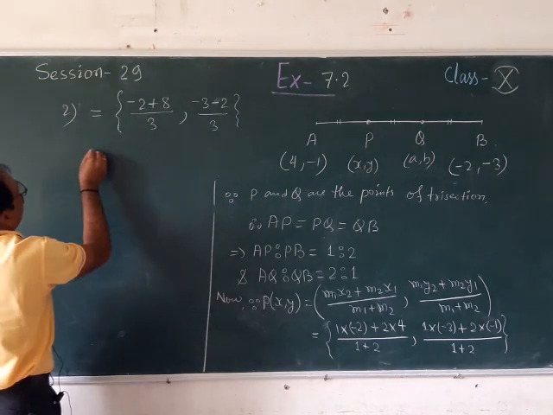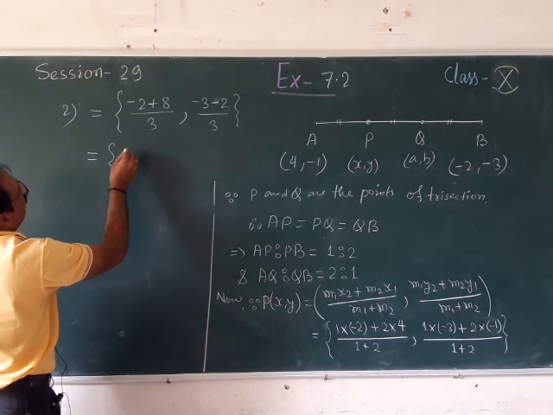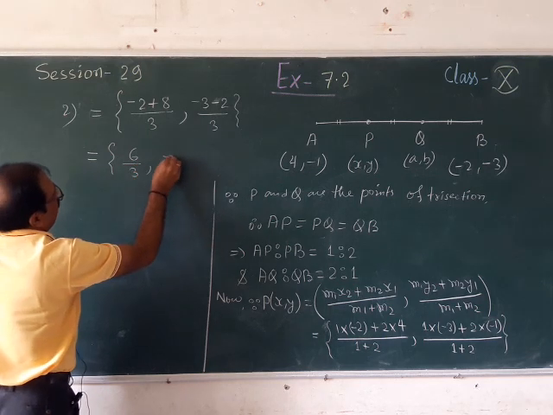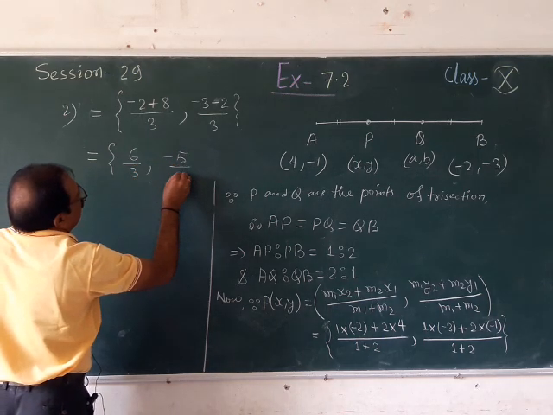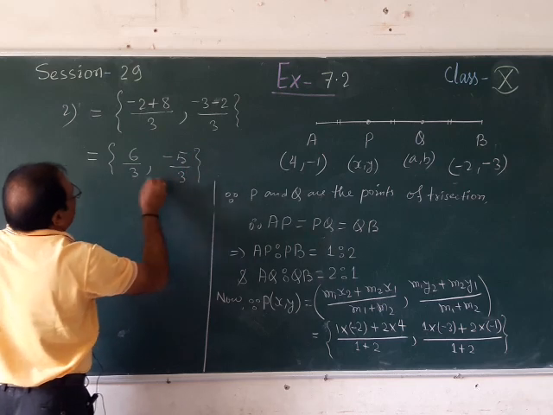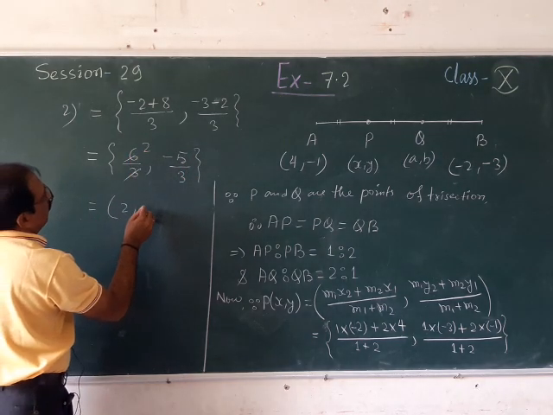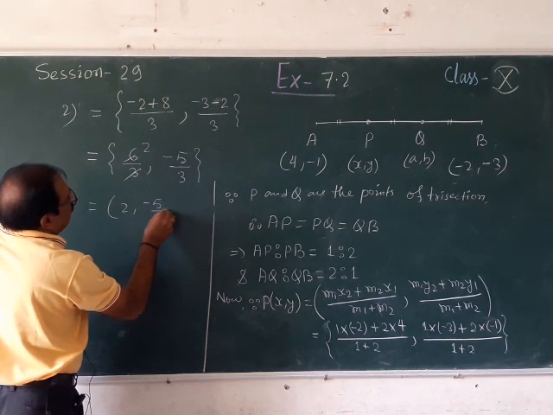Now further, if I solve it, I will have 8 minus 3, that means 6 upon 3, and here -5 upon 3. Further 3 2s are 6, that means it will be 2 comma -5 by 3.